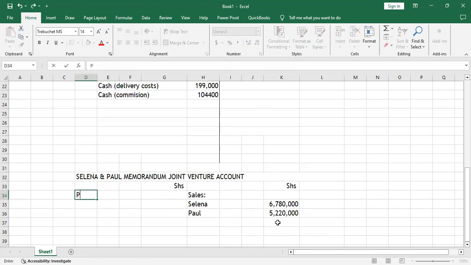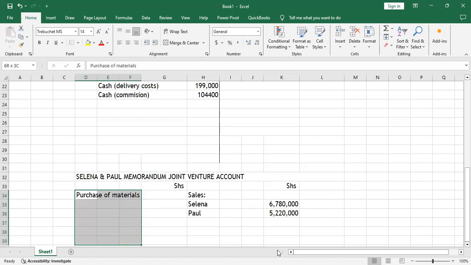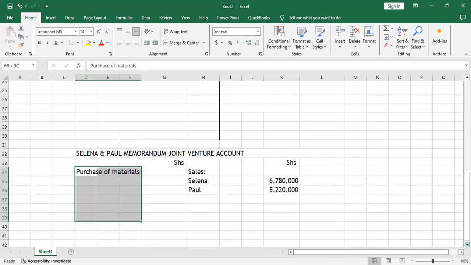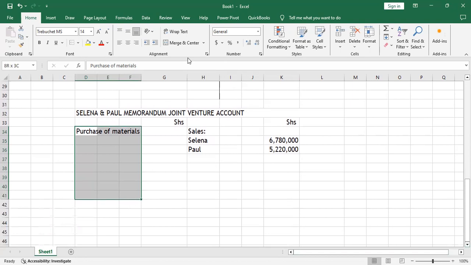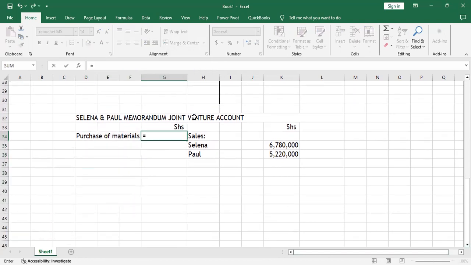I write purchase of materials. You simply add the purchase of materials for these two parties, Selena and Paul.